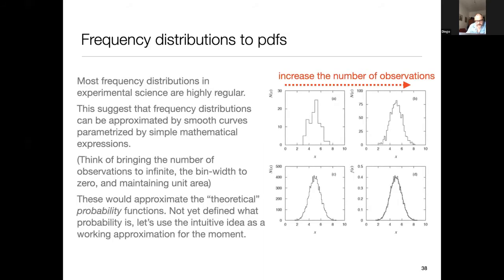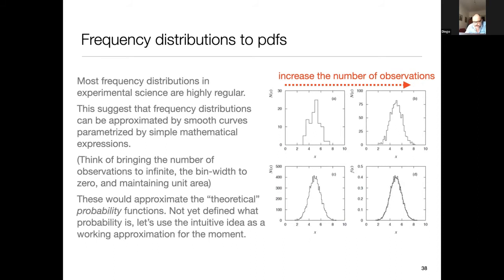So let's now describe the data in a more quantitative way. And so we have learned that if we take our raw data and make a frequency distribution of them, we have a more direct representation of what's going on. And then we notice that most frequency distributions in experimental science are highly regular.